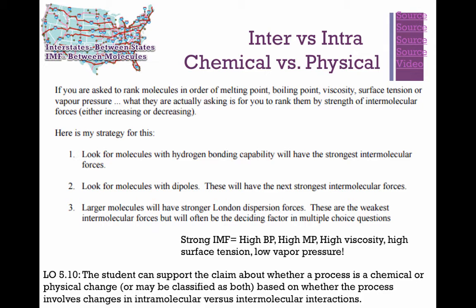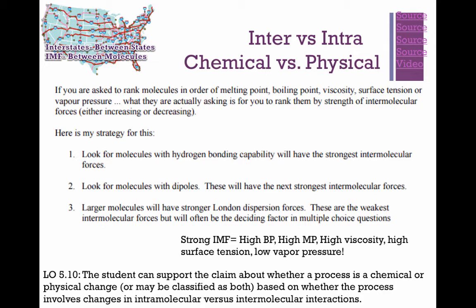With dispersion, the stronger dispersion forces are the ones with more electrons, not greater mass. Now you're like, well, but those are the same. You're right, they are the same. But if you're explaining a free response question, you have to explain stronger dispersion forces based on more electrons, because it becomes more polarizable, making stronger dispersion forces.